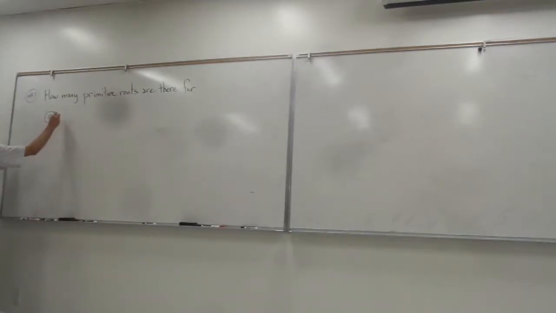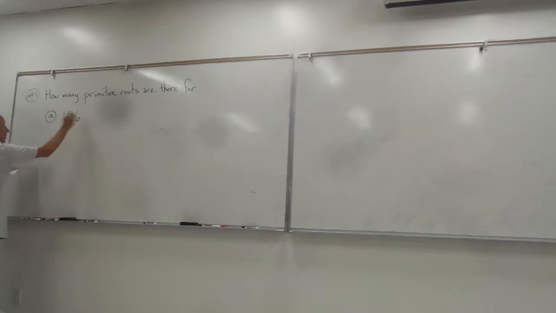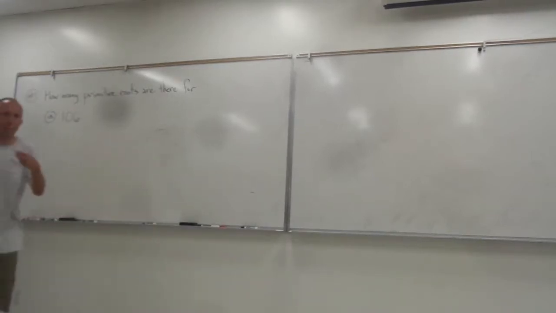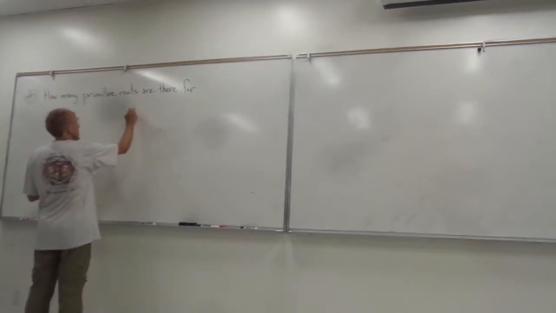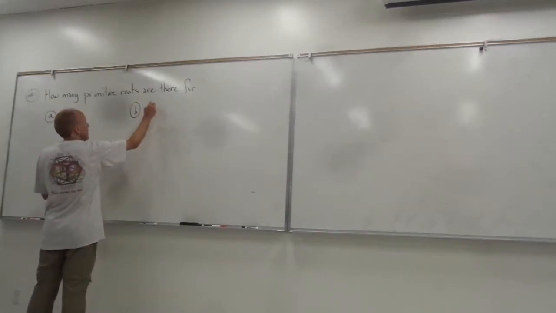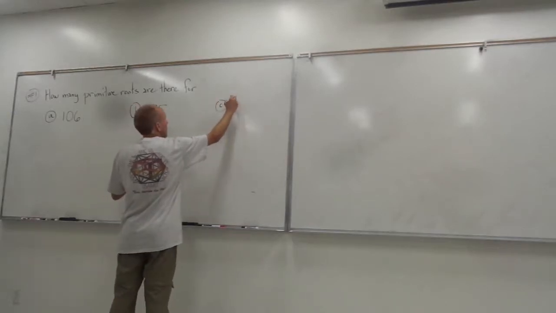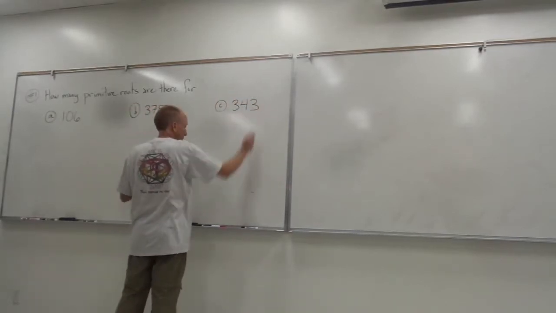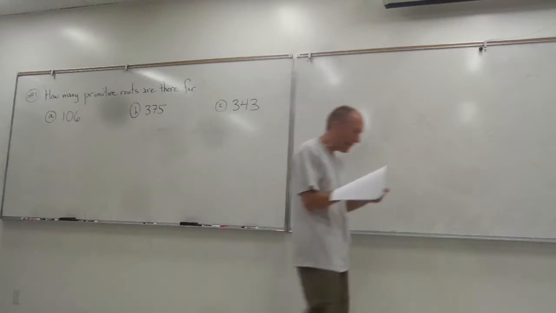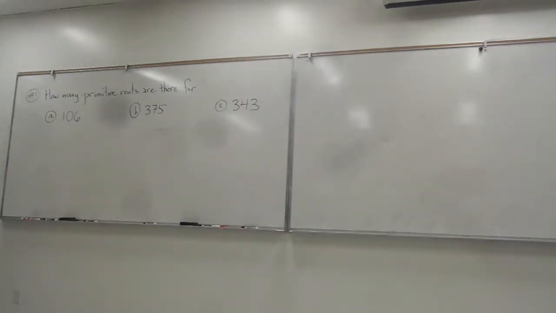The first one is going to be 106. Actually, I'm going to write them all down, and then you guys can think about them for a minute. So 106, the second one is going to be 375, and then the third one is going to be 343. Given any positive integer, I could ask you how many primitive roots does a particular number have?